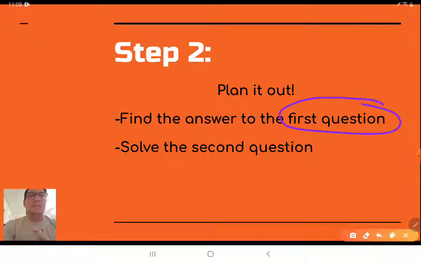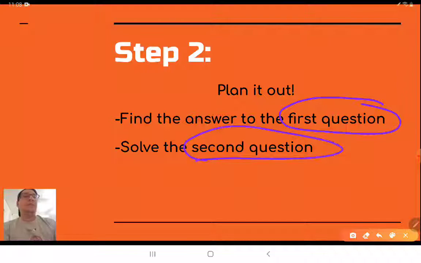The next step would be to solve the second question. So first this one, and then this one. So in step two, it's trying to tell you to solve question one and question two. Okay, next.